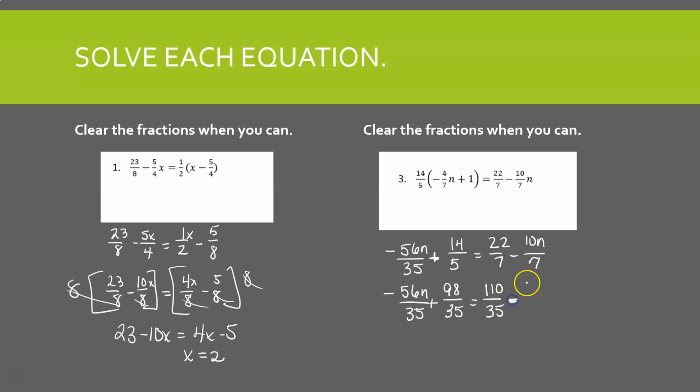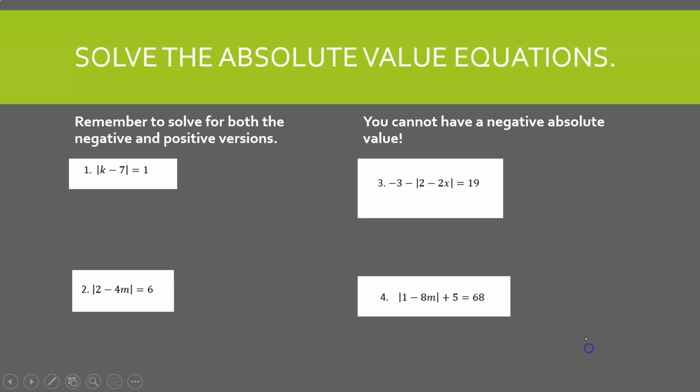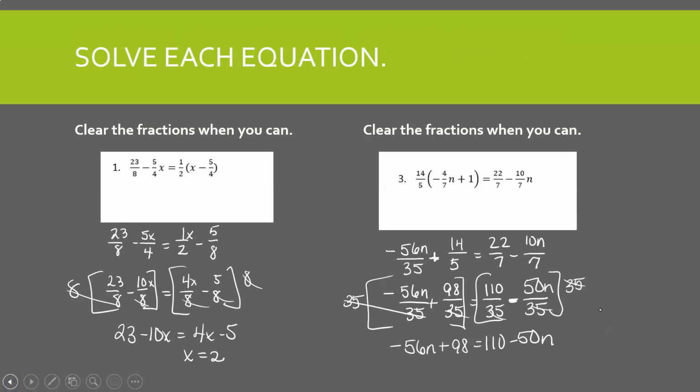This is minus. Now to get rid of that fraction, I multiply everything by 35. So I have negative 56n plus 98 equals 110 minus 50n. When you solve, you get x or n equals negative 2. All right, that's our fraction section.